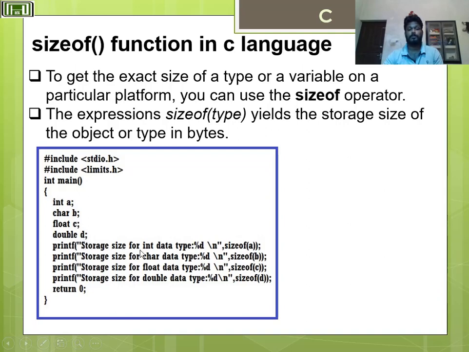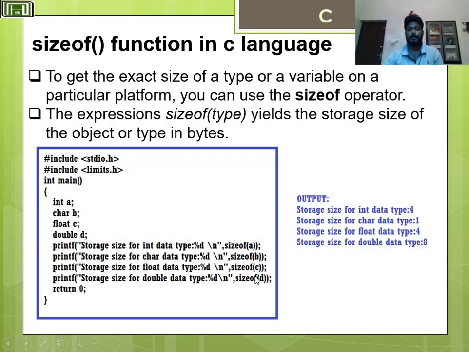Then print the storage size of data type: sizeof a, sizeof b, sizeof c, sizeof d. Here is the output: storage size of int data type is 4, char is 1, float is 4, and double is 8. Like this, you will get the size of data types.